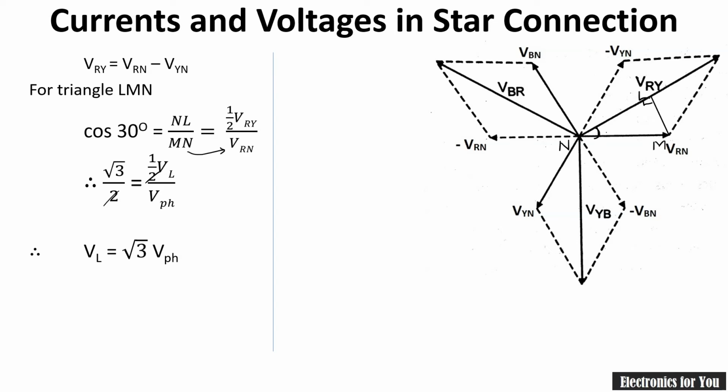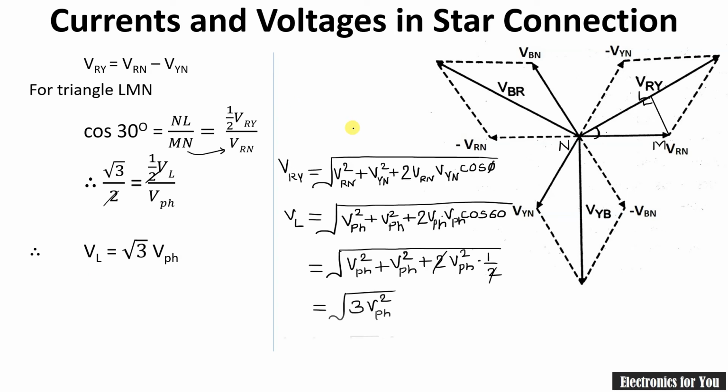This is one way where we can calculate this by using geometry, or we have another option also, where we can calculate again the same VRY. Let us assume that this is A and this is B. Now here this VRY can be given by the square root of A square plus B square plus twice AB cos phi, or cos theta, let us say.